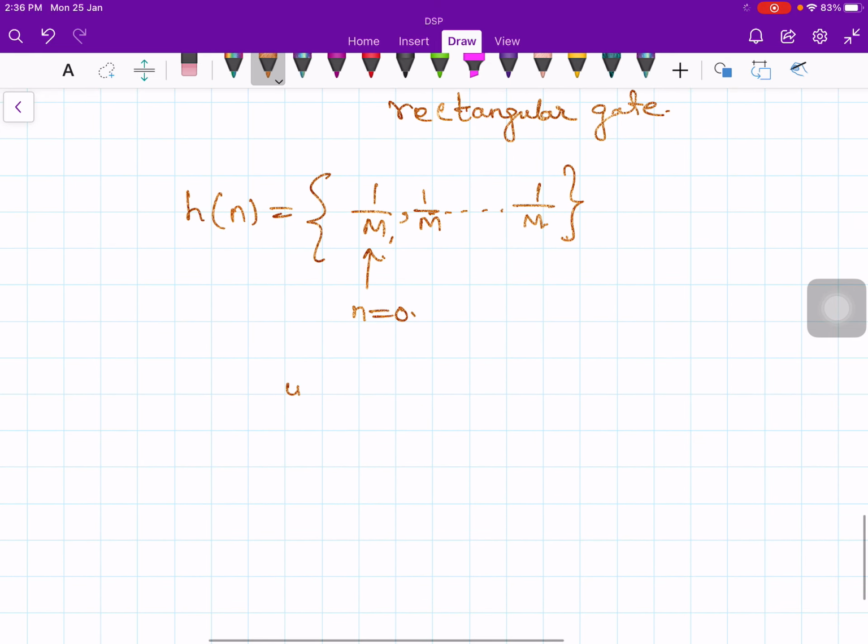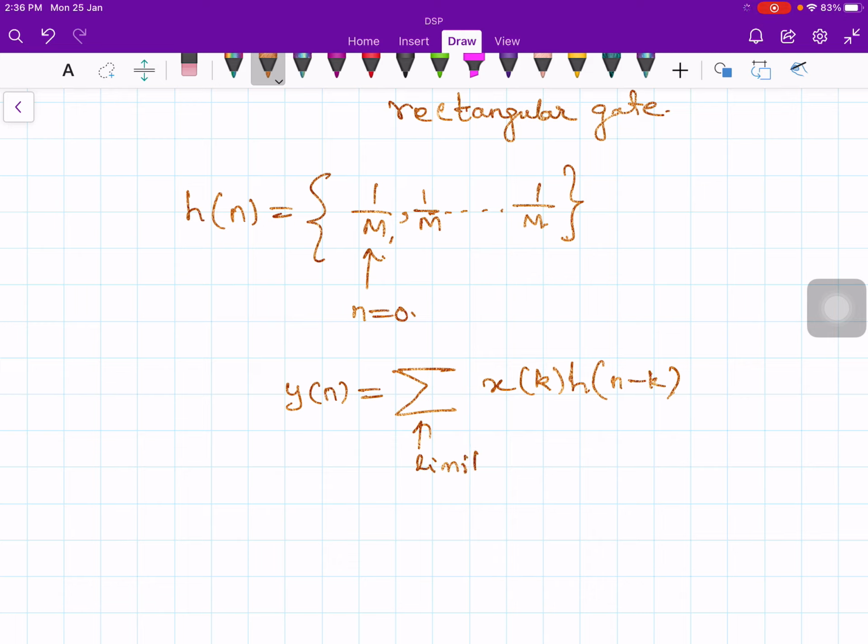So whether you take an IIR system or an FIR system, the output of the system is always written as the convolution of the input with the impulse response of the system. But the limit will depend on the nature of x of k and h of k.